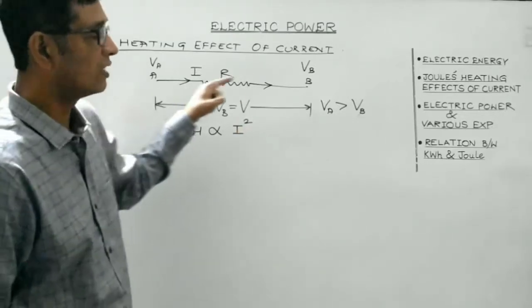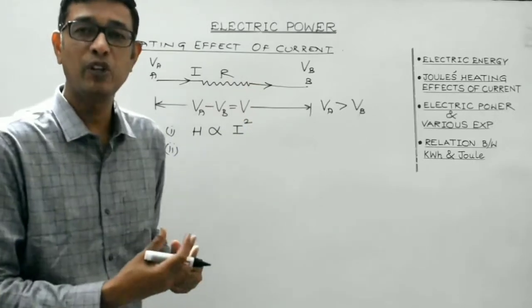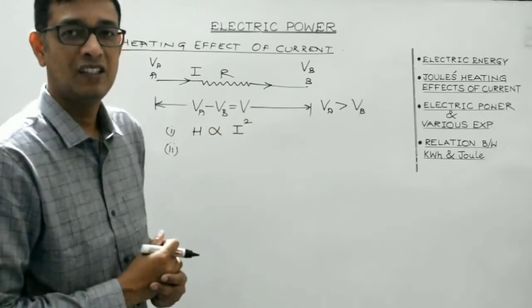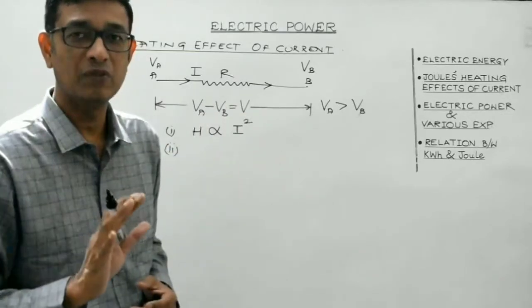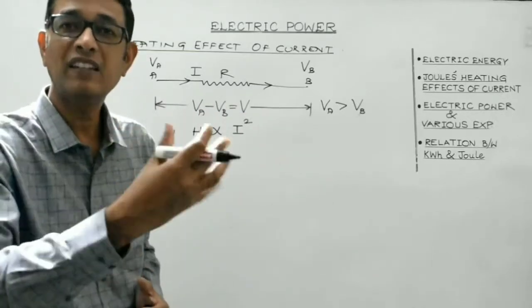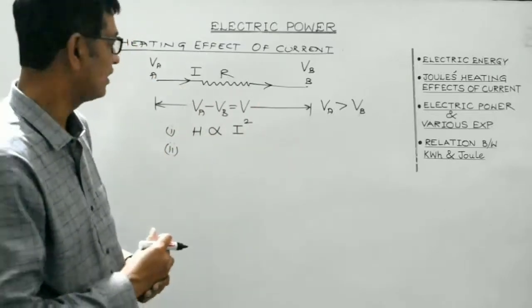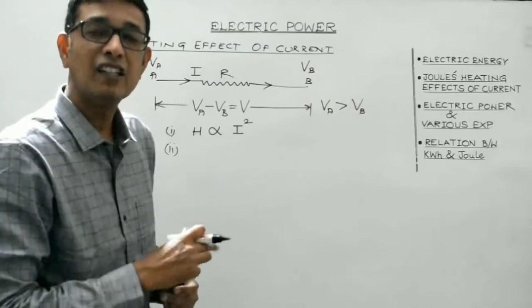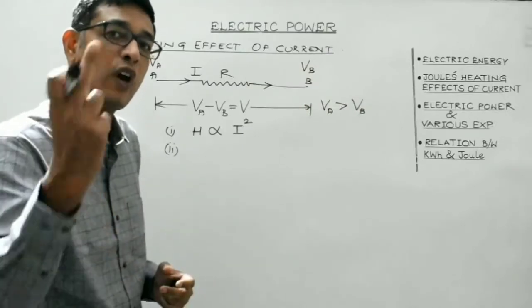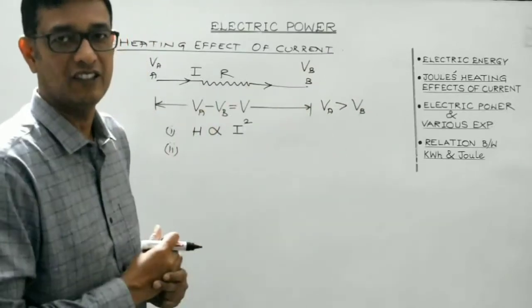So if the current through the conductor is made twice, the amount of heat produced will become 4 times. If the current through the conductor is made 3 times, other factors remaining same, then the amount of heat produced will get 9 times. So what I mean to say is that amount of heat produced across the length of the conductor is directly proportional to the square of the current flowing through the conductor, right?